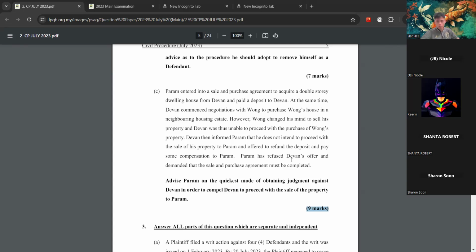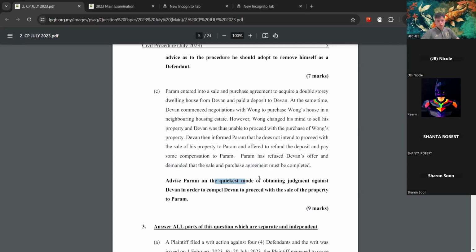The reason I say so is that now P refused D's offer and demanded to compel D to proceed with the sale of the property. So the quickest mode, yes, it is correct that Order 81 is the correct and applicable order.